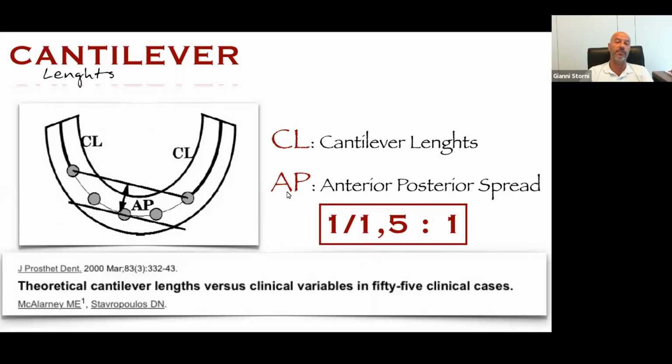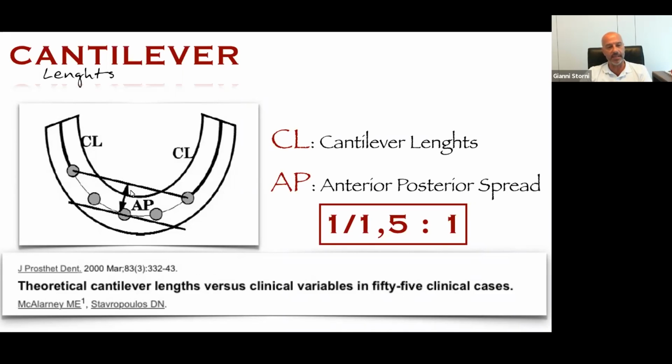And what is very important is to control and to take care of the cantilever, because sometimes we may have implants positioned in a very anterior area, so we have to follow some rules. In this case it is a study of McAlarney that gives some rules about the maximum cantilevers possible, that in this case is, for example, the anterior posterior spread between a parallel line to the anterior implant to the most distal implant.